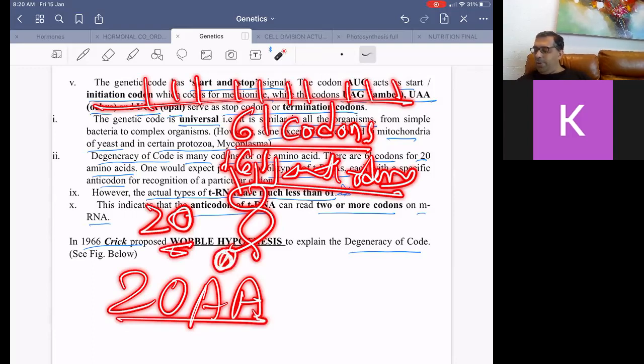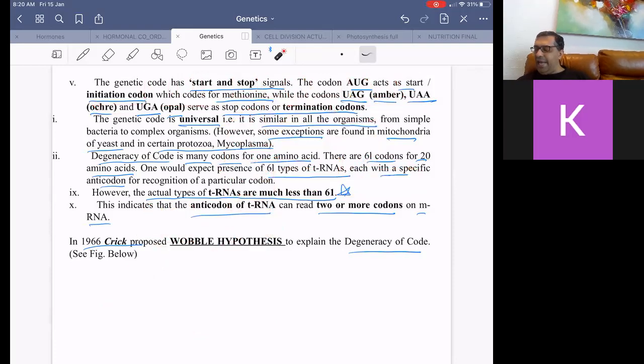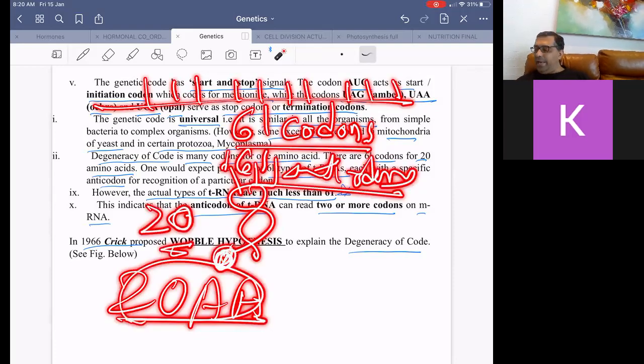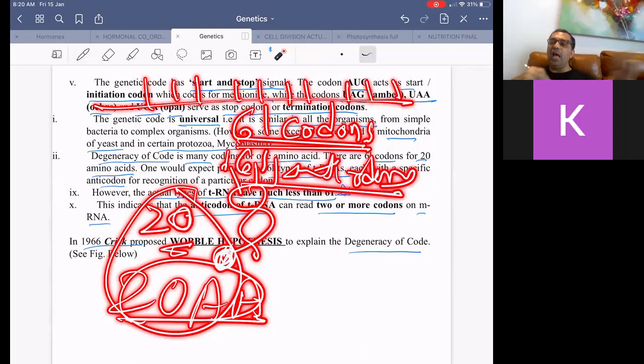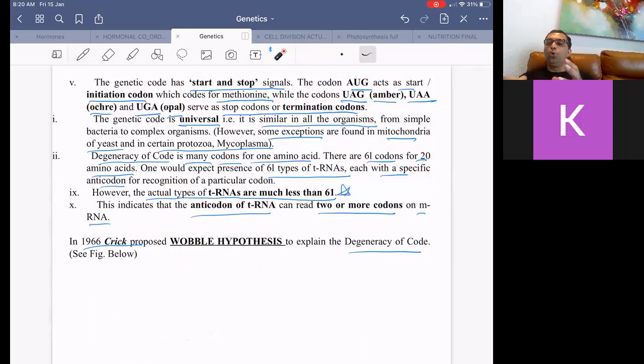So for 20 amino acids, there should be 20 tRNAs. But for 61 codons, there should be 61 anticodons. So the tRNA is stuck in a dilemma. Should it be 20 types of tRNAs for 20 types of amino acids or 61 types of anticodons for 61 types of codons? So who proved this and what is the real answer?